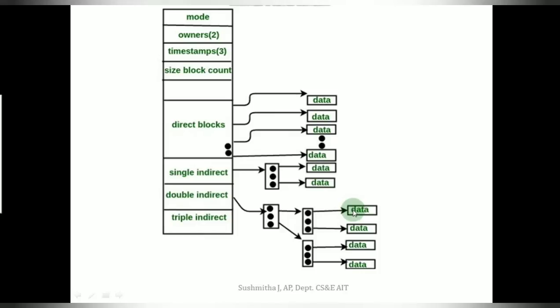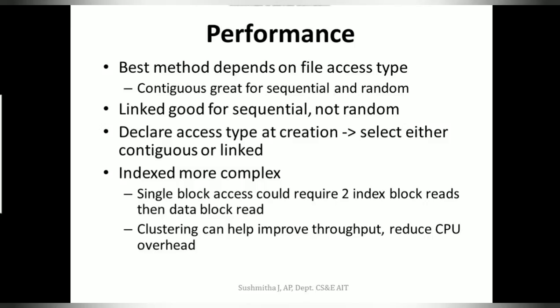So we have discussed all three allocation methods. Now let us see which of the allocation methods has the better performance. Taking it one by one, we decide the performance by the time. So whichever allocation method is able to retrieve the data at a lesser time, we call that allocation the best.